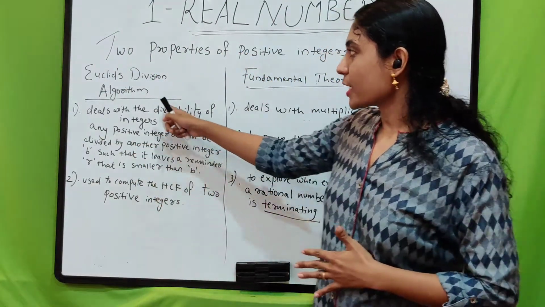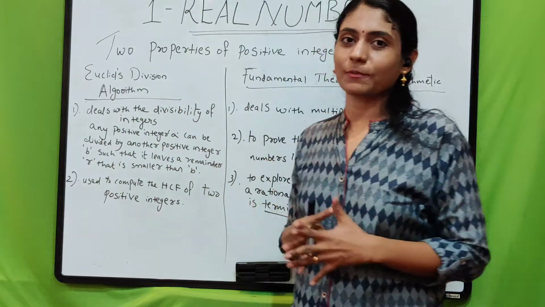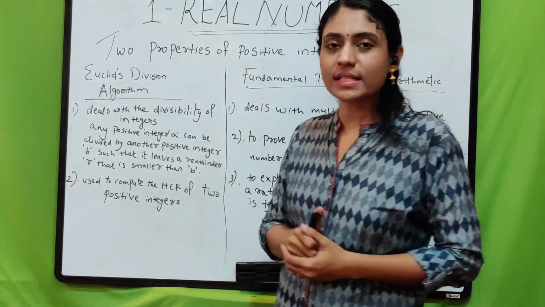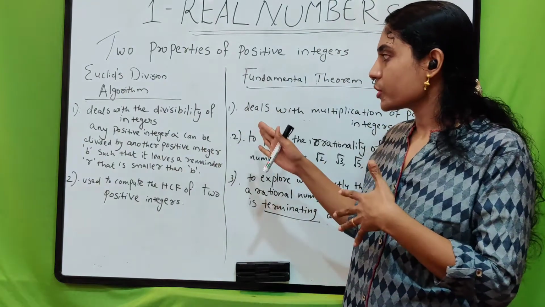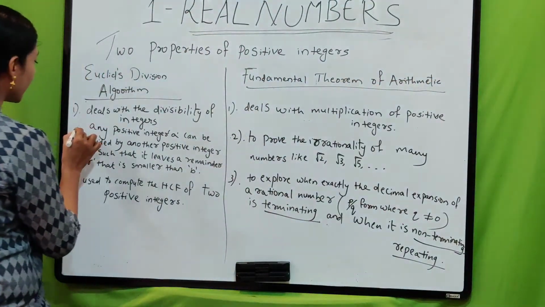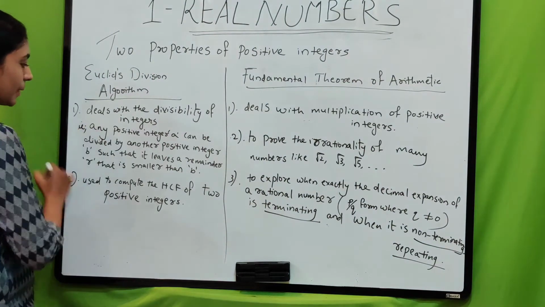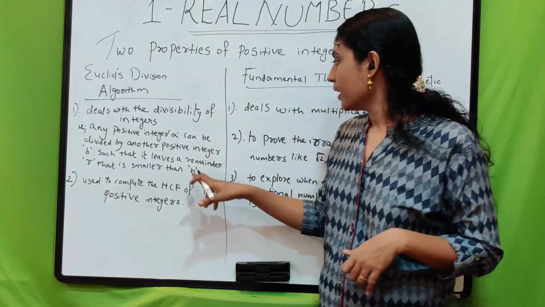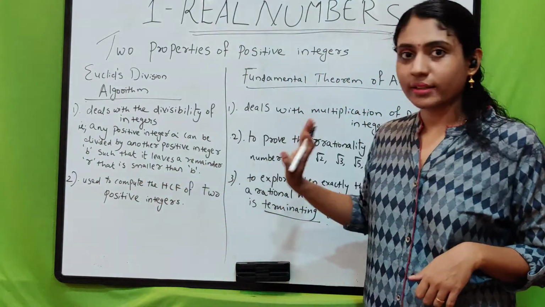See, Euclid's division algorithm deals with the divisibility of integers. Divisibility of integers means that any positive integer a can be divided by another positive integer b in such a way that it leaves a remainder r, where r is smaller than b.